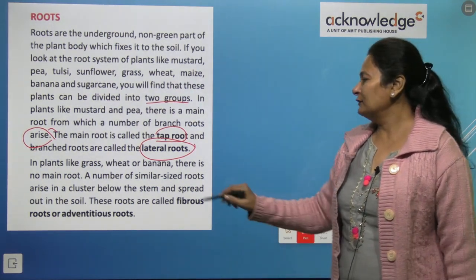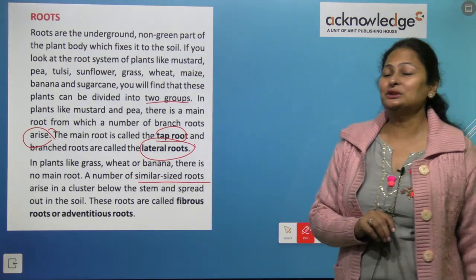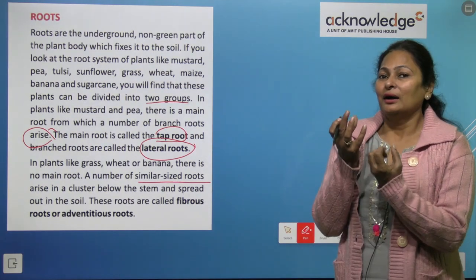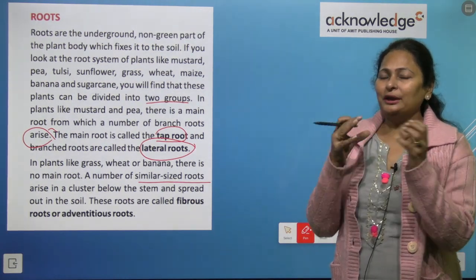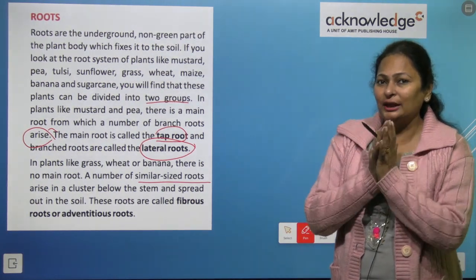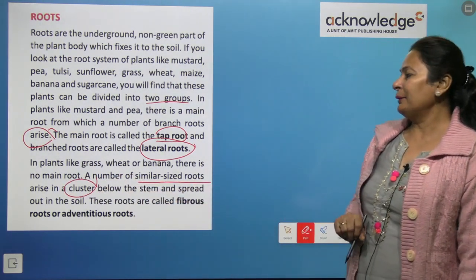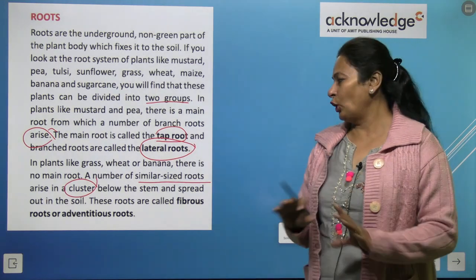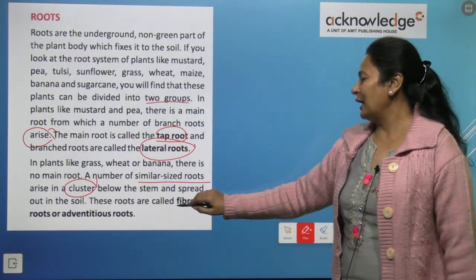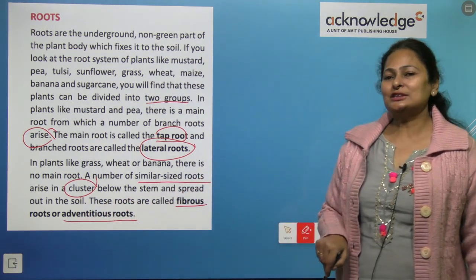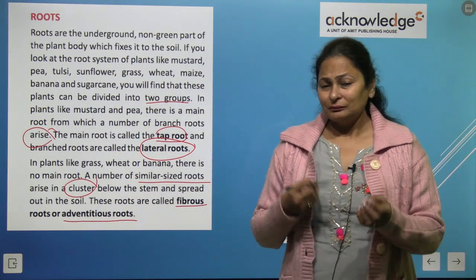A number of similar sized roots arise in a cluster. Cluster, matlab guchhe mein. So many roots have grown together. So this is called a cluster below the stem and spread out in soil, right? These roots are called fibrous roots or adventitious roots, right?